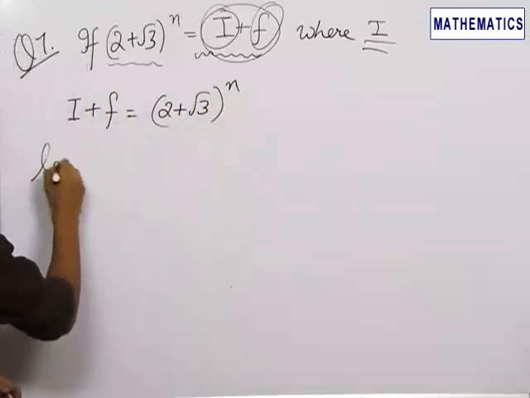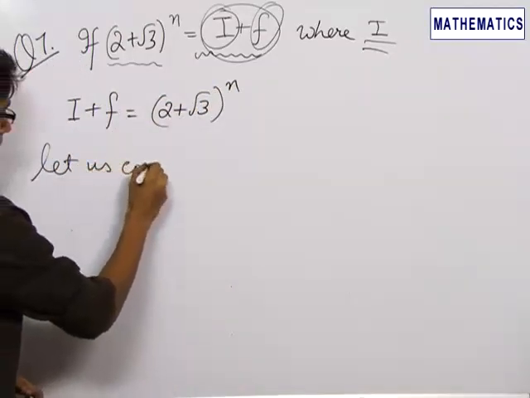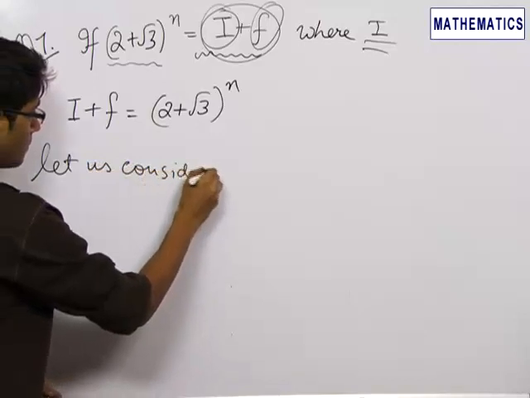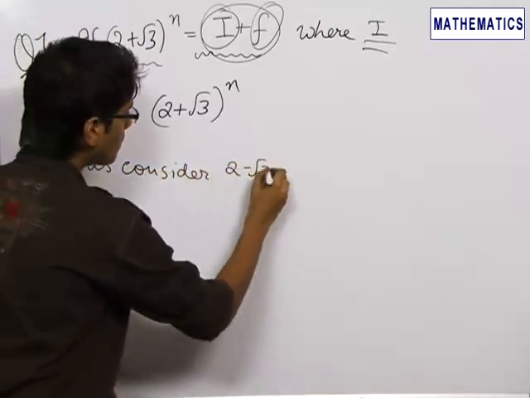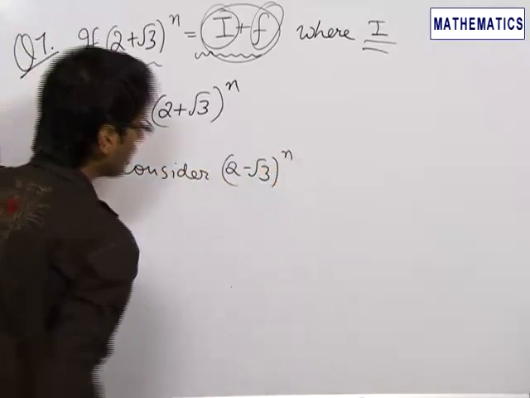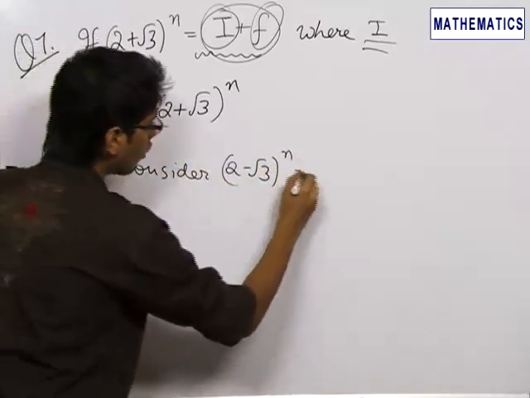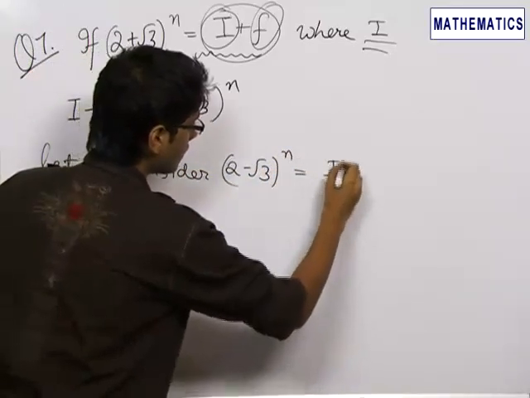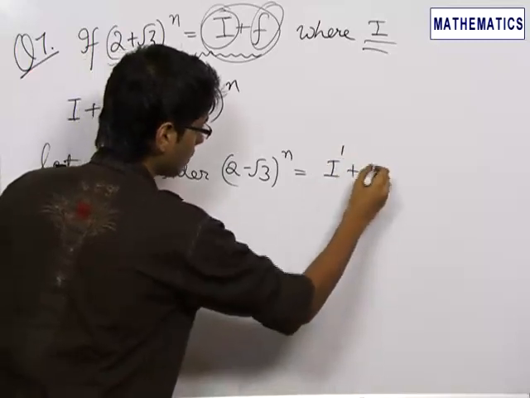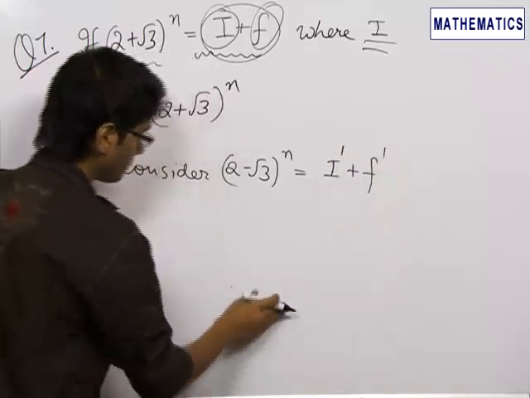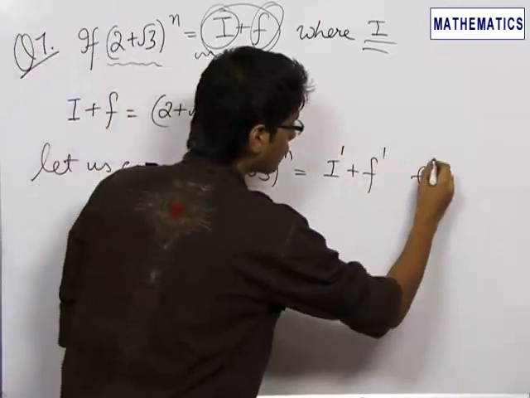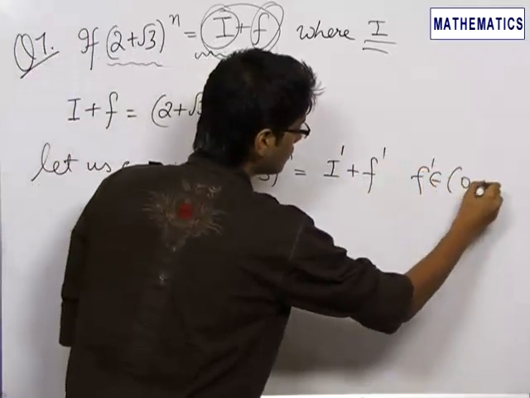Now let us consider (2 - √3)^n, and in a similar fashion it can also be represented as integral part I' plus fractional part f', where f' will definitely be between 0 and 1.